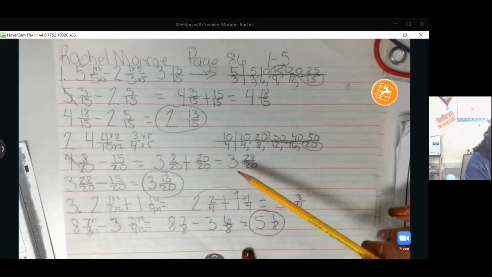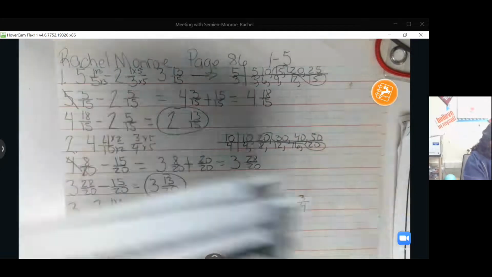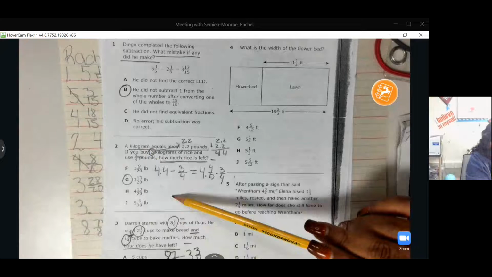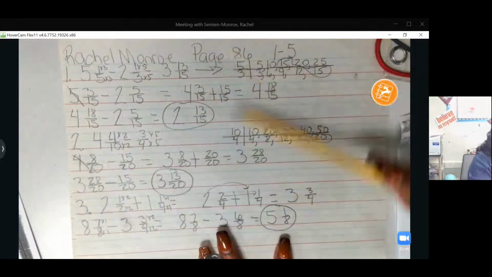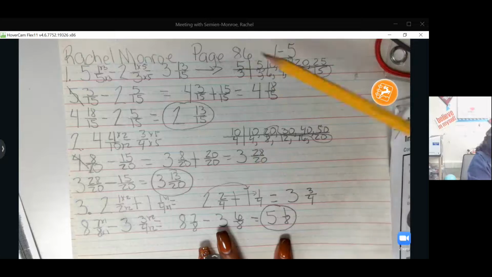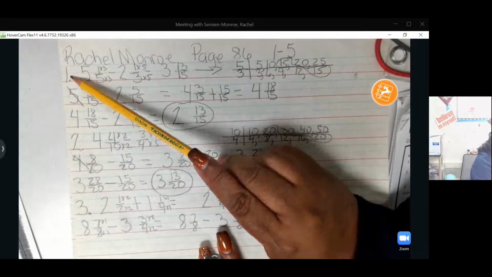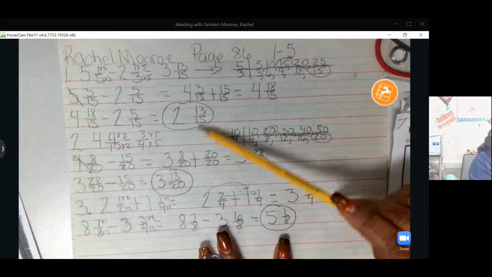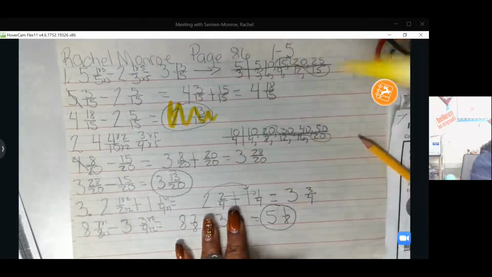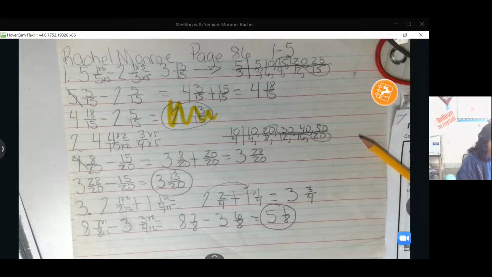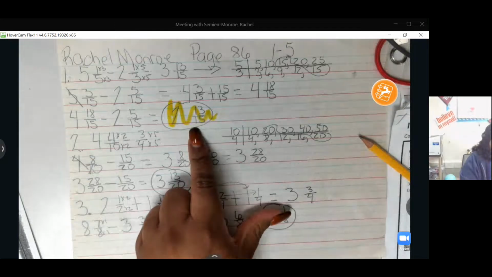If they're going to turn in the work, I don't just want to see the answer that's circled, I also want to see the work that was done. I know that the work is going to look all over the place, but I need to see that this is number 1, and then the answer needs to be circled, or they can highlight it. They can do whatever they want to as long as I know that this is the answer.